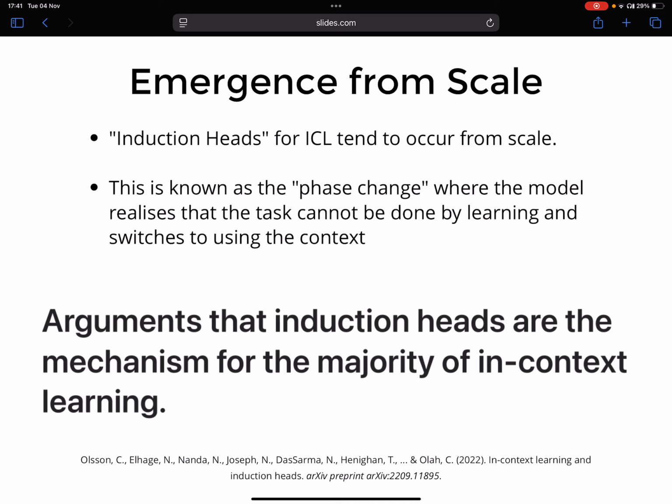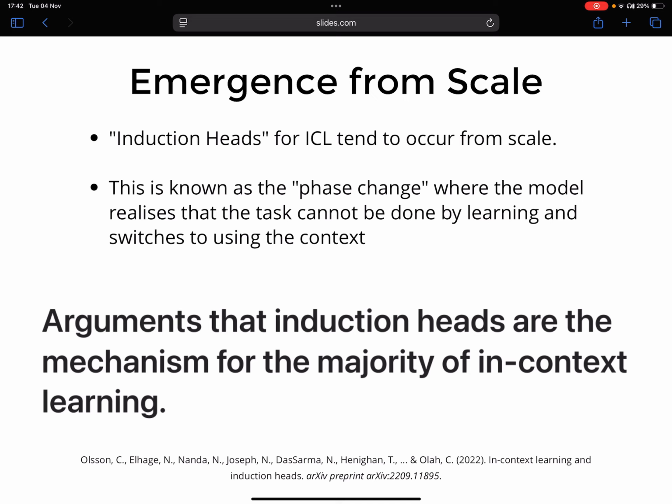They have an argument that says that induction heads are the mechanism for the majority of in-context learning. While this is really useful, these two points go together in a way: induction heads are a very dominant, powerful ability for in-context learning, and in-context learning is very clearly something we want these models to use.